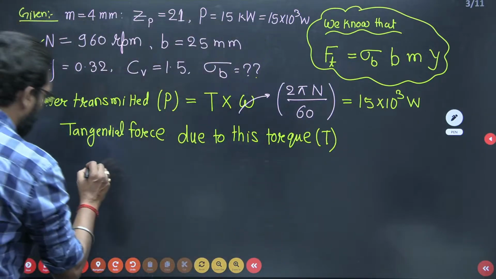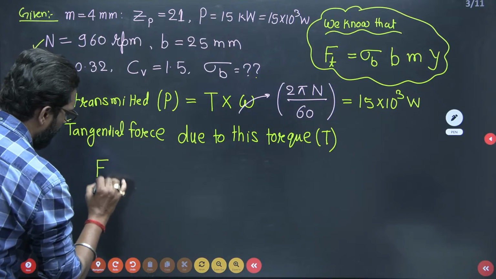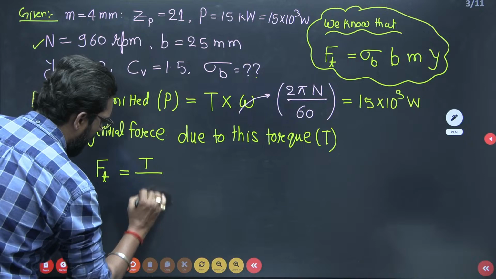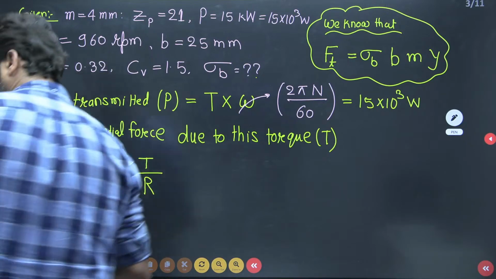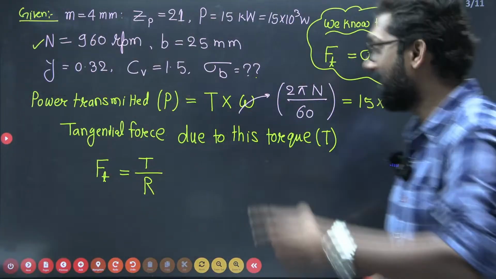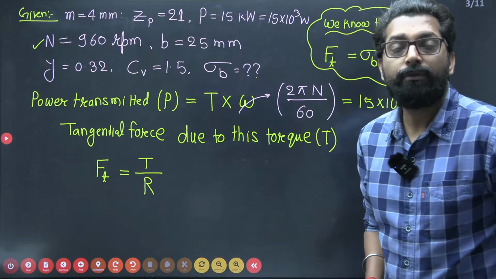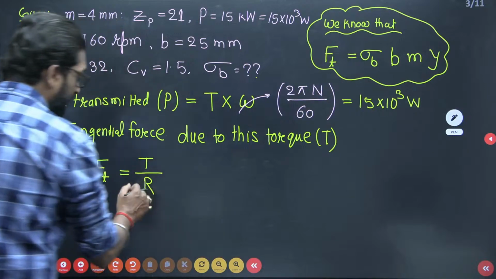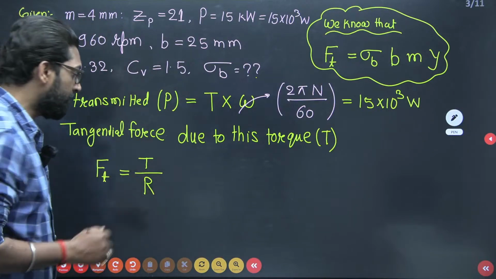You can easily find: Ft, tangential force, equals torque by R. R is the radius. And what is the radius? Radius of pitch circle. Okay.